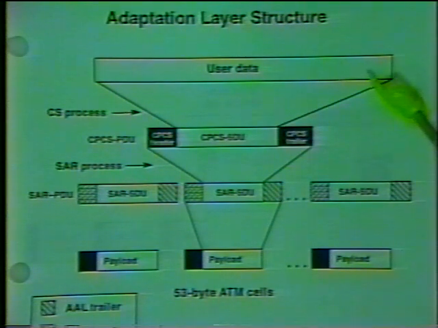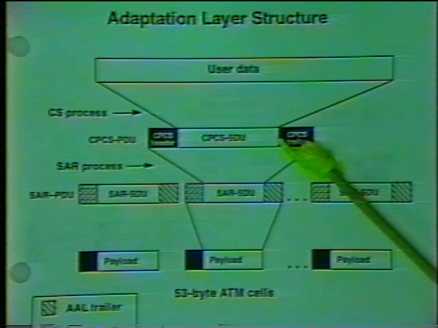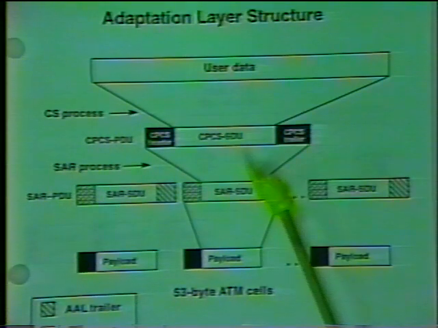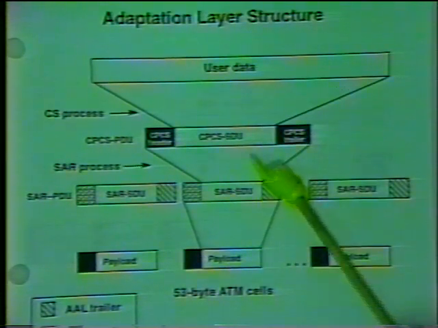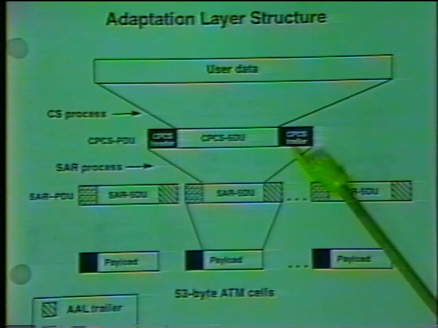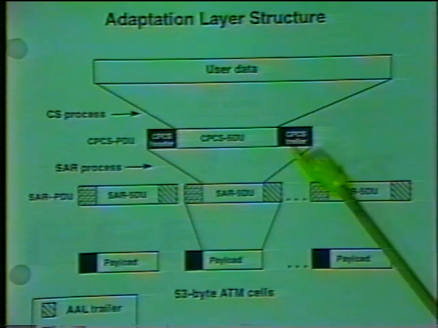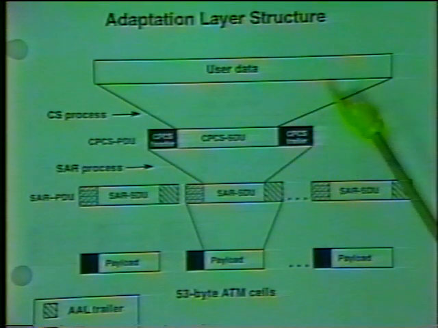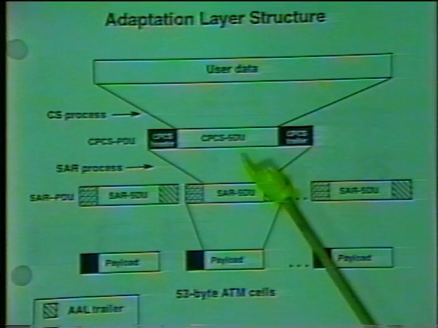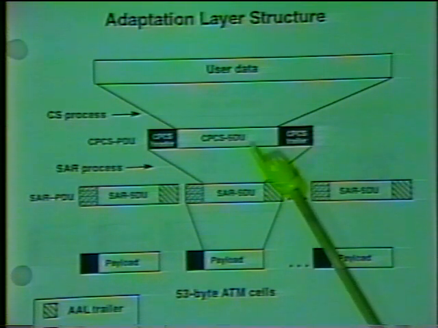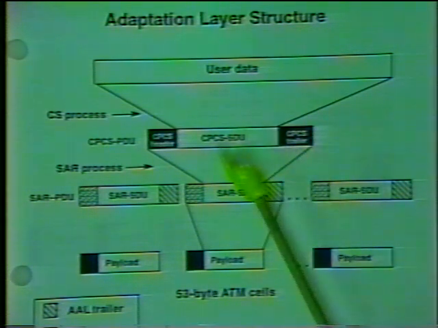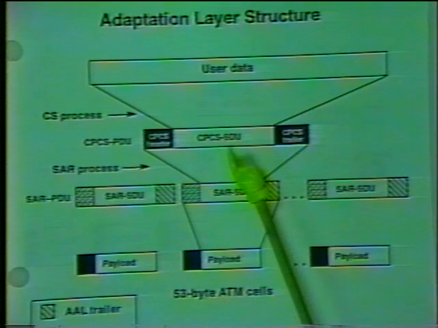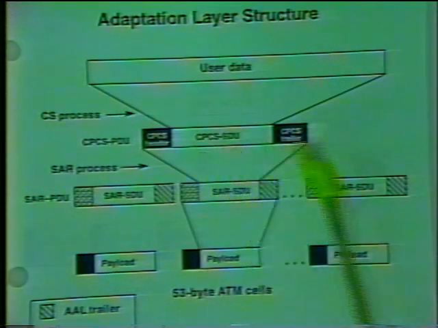We're going to take this user information and put that into what we're going to call a PDU, but when it passes through the first common part convergence sublayer, we're going to want to identify this SDU or this PDU from another one.